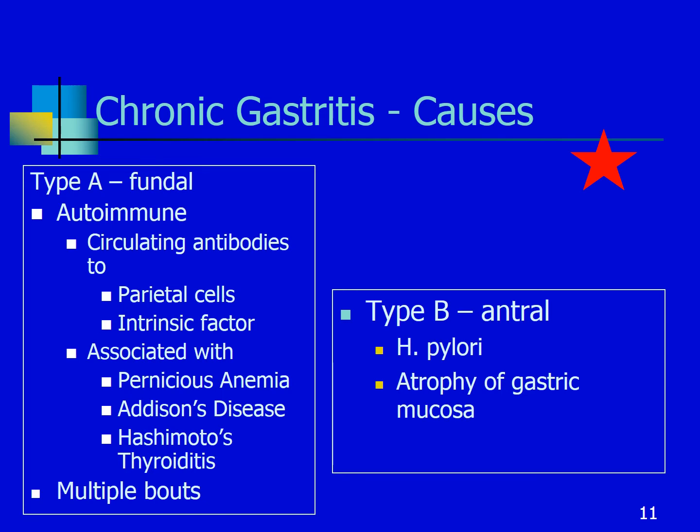They are associated with pernicious anemia, Addison's disease, Hashimoto's thyroiditis, right? And what usually happens is they have multiple bursts of intense periods of gastritis. Type B, the antral, is usually related to H. pylori or some atrophy of the gastric mucosa.